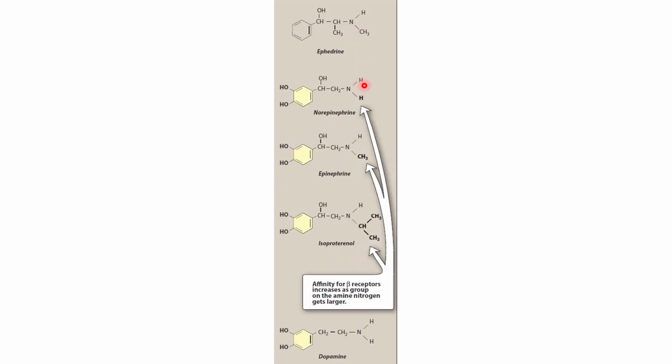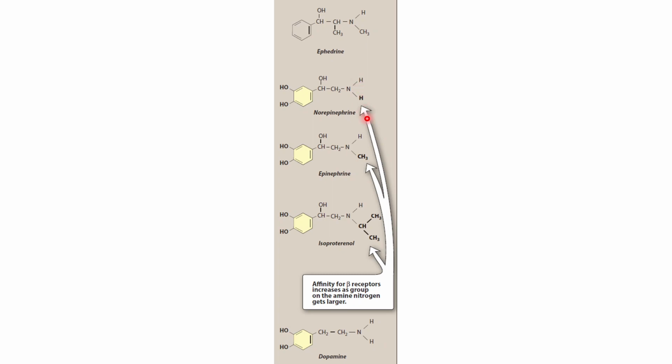If we look at the chemical structure, this is norepinephrine. As you can see, if we remove one methyl group from the molecule and replace it with a hydrogen, that will lead to norepinephrine. So it's like normal epinephrine, even the name is close.